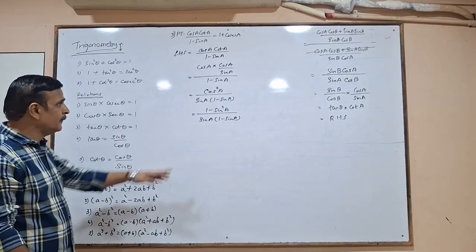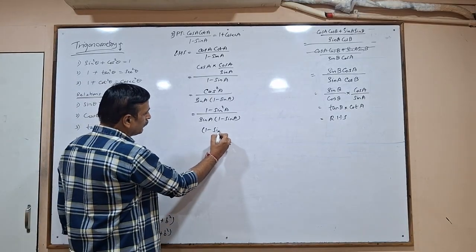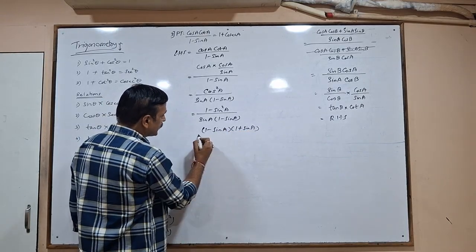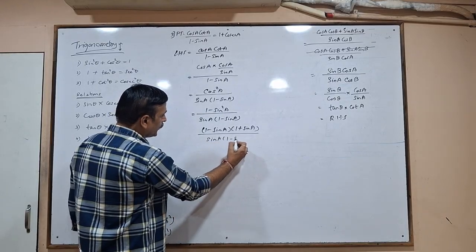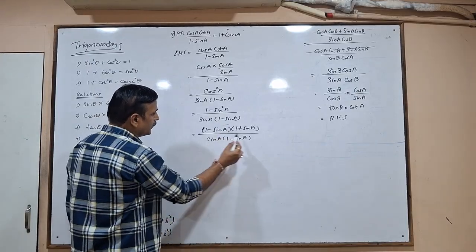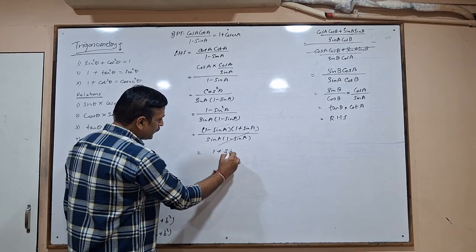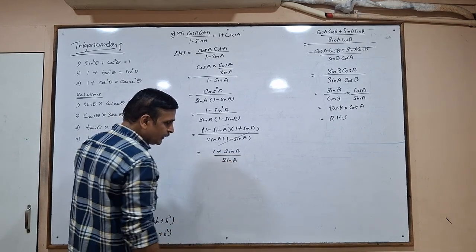Formula to be applied: A minus B into A plus B. So 1 minus sin A into 1 plus sin A, the whole upon sin A into 1 minus sin A. This whole 1 minus sin A bracket gets cancelled. What remains is 1 plus sin A upon sin A.